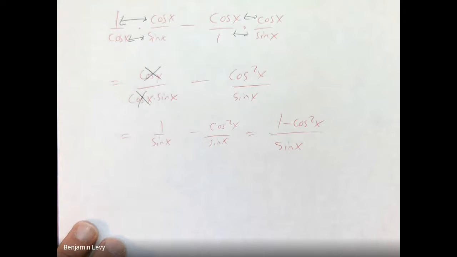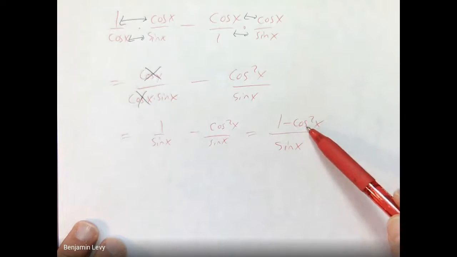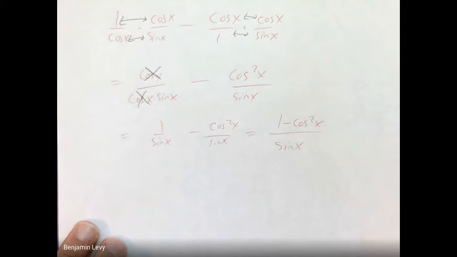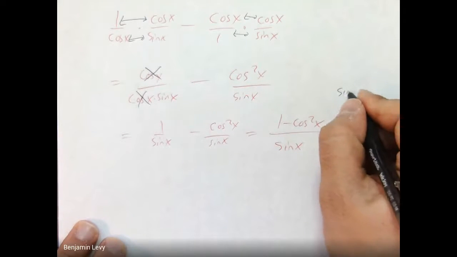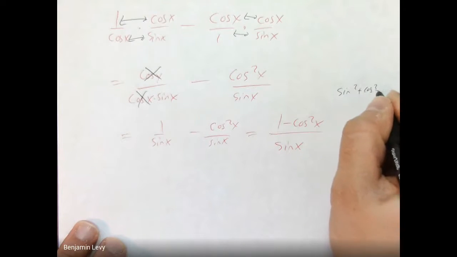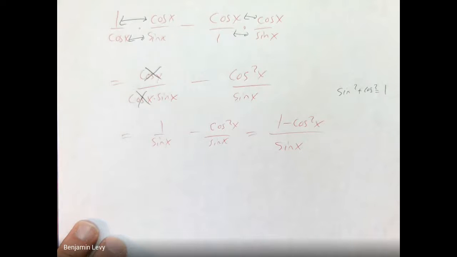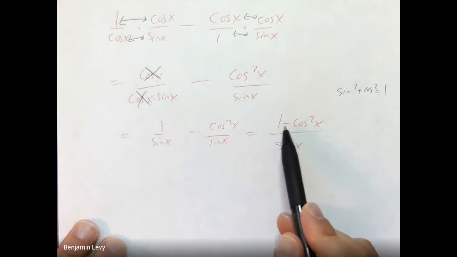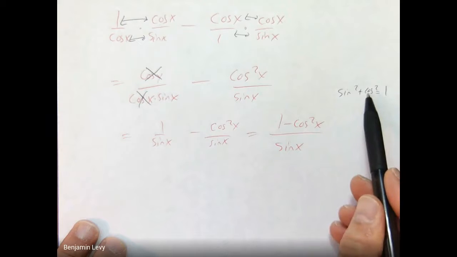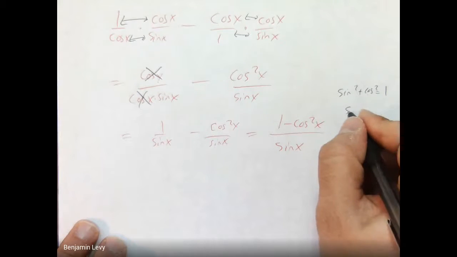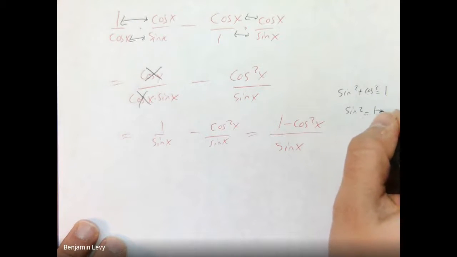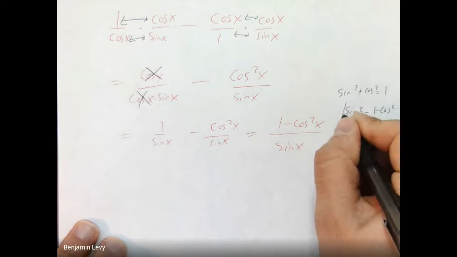And then anytime you see the number 1 or cosine squared or sine squared, you should be thinking about sine squared plus cosine squared equals 1. And so we have 1 minus cosine squared. And so let's subtract this cosine squared over to the other side. And so you have sine squared equals 1 minus cosine squared.